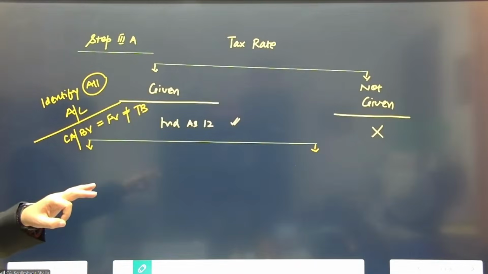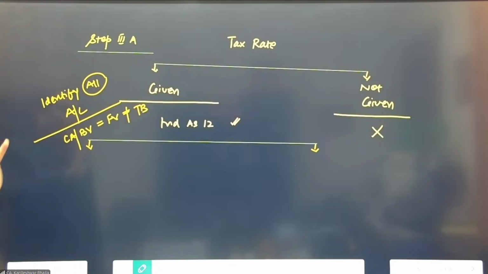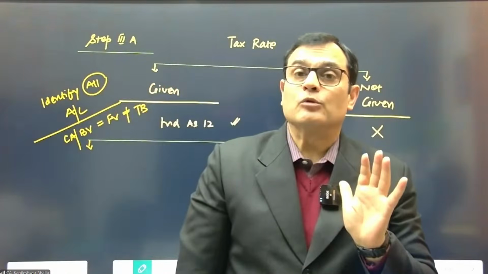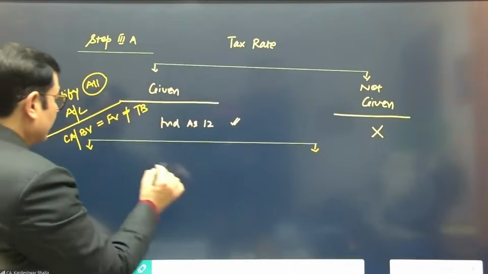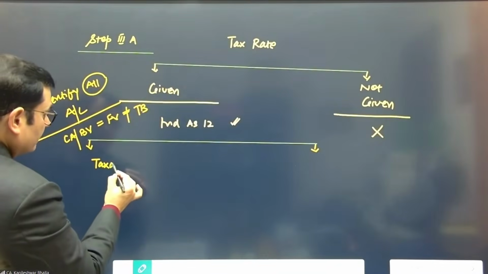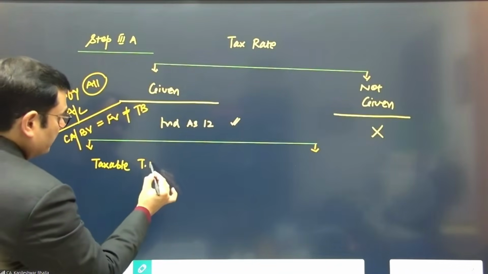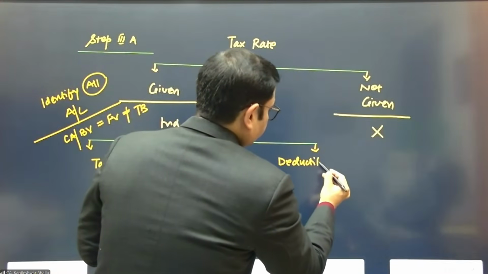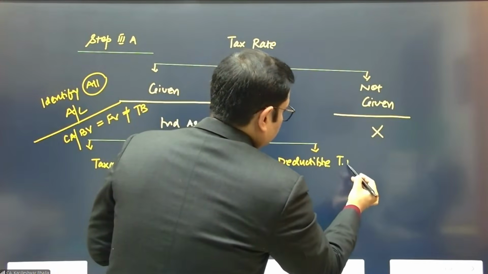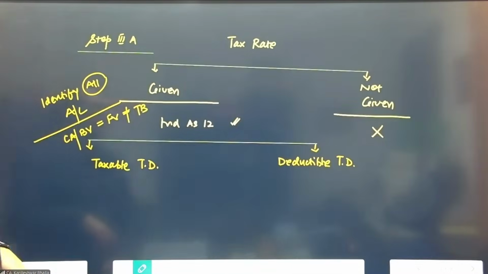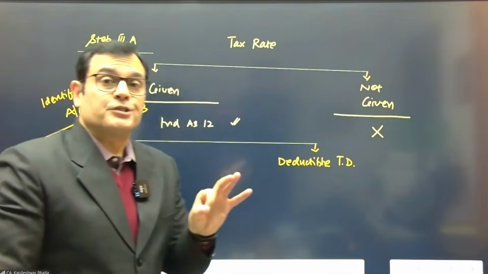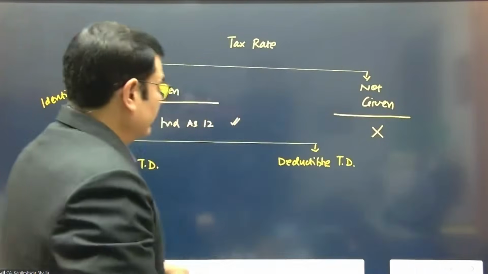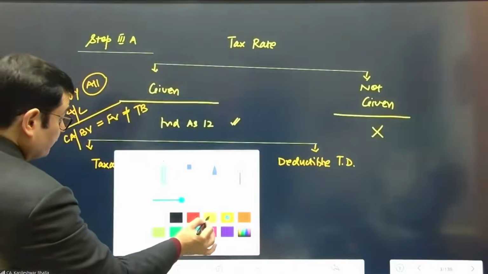Get the list of all those assets and liabilities whose book value is equal to the fair value but definitely not equal to the tax base. So we will get either a taxable temporary difference or a deductible temporary difference. This is what we're reminding in terms of Ind AS 12.